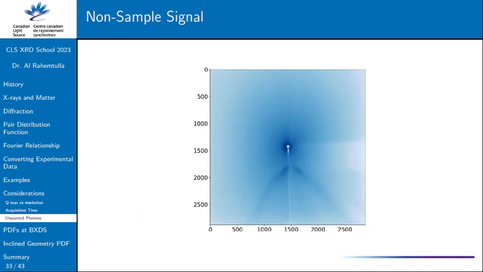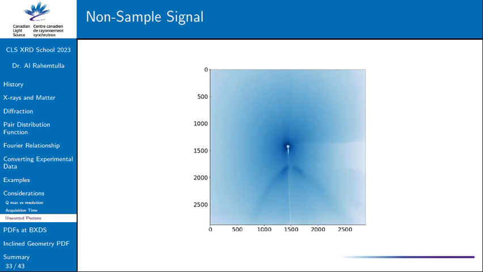And then the other big thing is non-sample scattering. If we remember that first nickel example I showed, this now is just an empty capillary that I put in. And I adjusted the gain and color correction a fair bit, just so we can see all the crap that exists within it. One of the few things we see is some bright spots here that start dimming away.